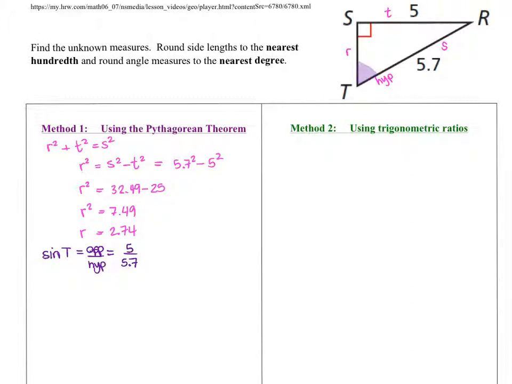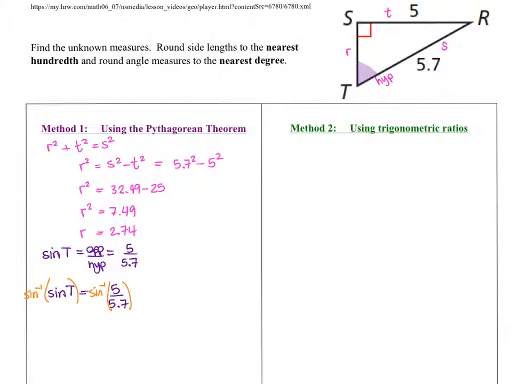I'm going to rewrite this so we have enough space to show using the inverse sine. Sine of t is equal to 5 over 5.7. Be very careful with the way you write this, because now we're going to take the inverse sine of both sides. That means we're going to undo what was done to t.